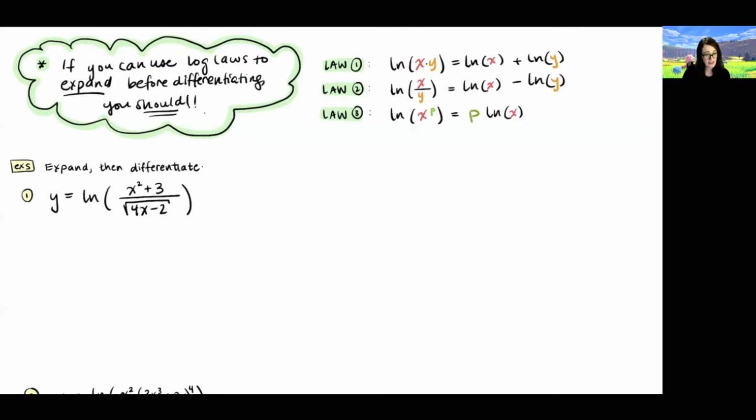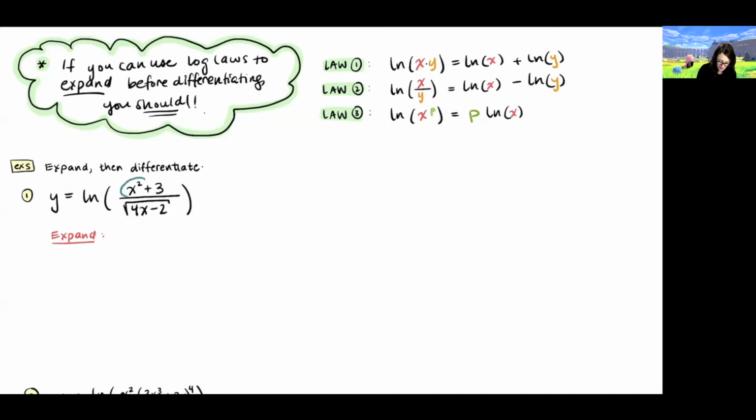Okay, so let's look at this example down here and first expand all the way and then take the derivative. The first thing I want to do here is expand. Now we have a quotient here, and if you remember the little tricks that I told you about in the review section for logarithms, we want to look at what's multiplied up top and what's multiplied down bottom.